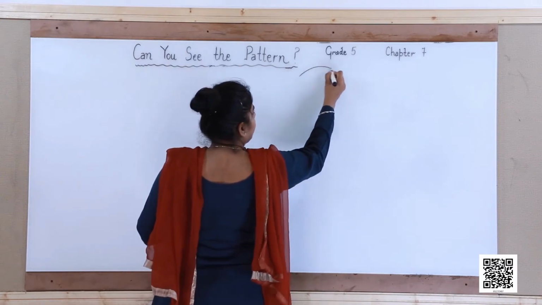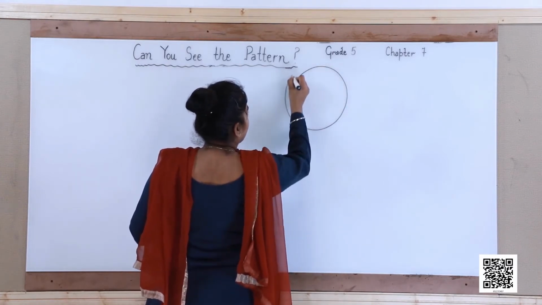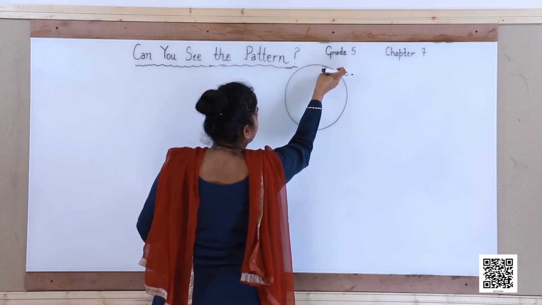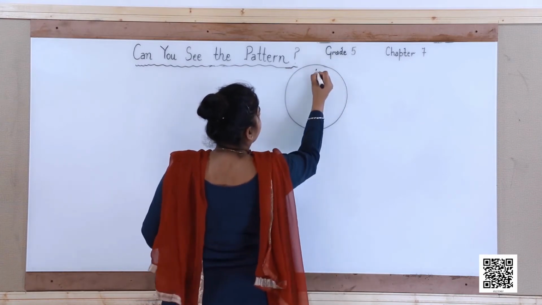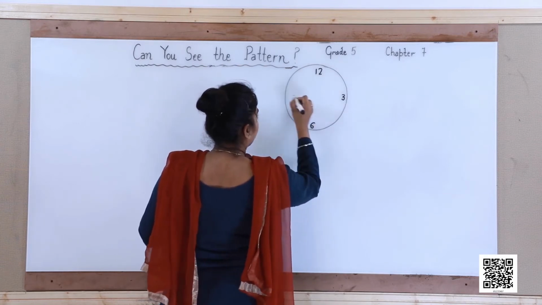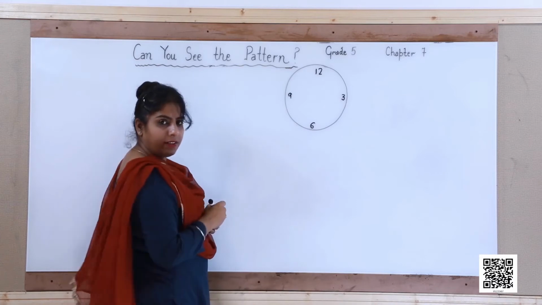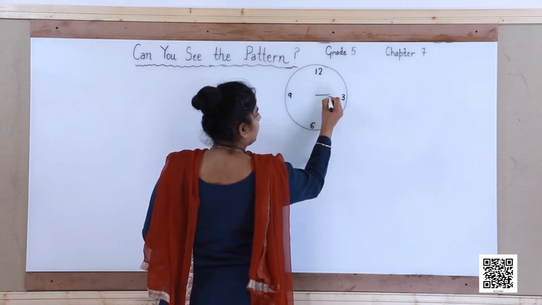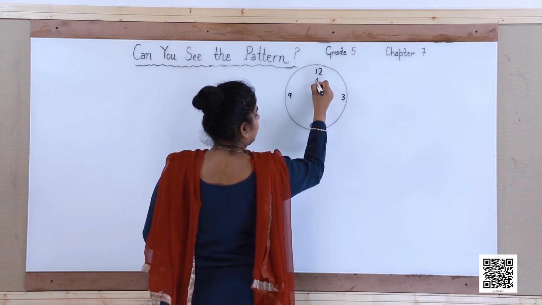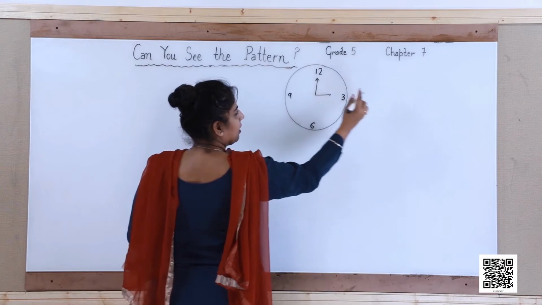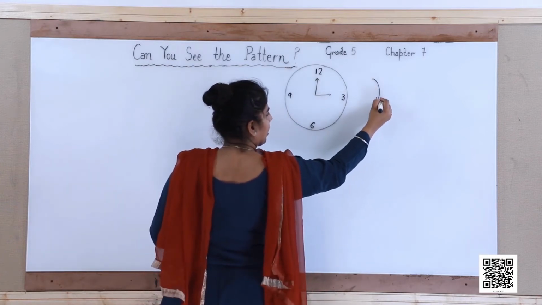Now, this is a clock, right? And 12, 6, 3, 9, right? Now, what happens is these needles move in this direction, right? In this direction.